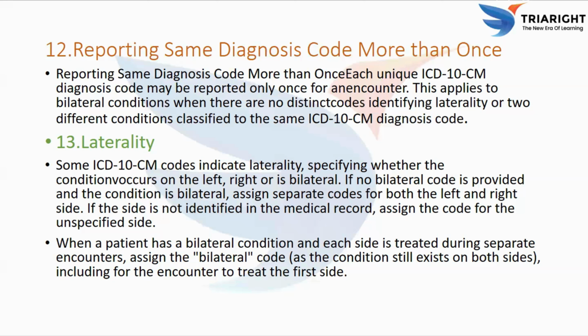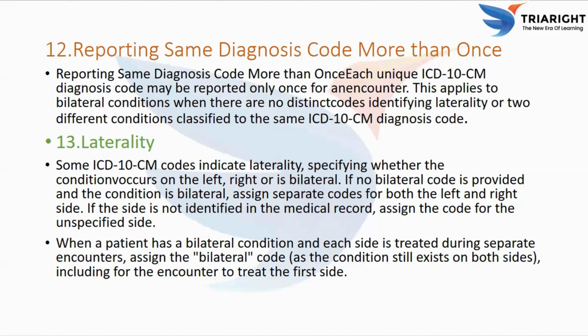For example, if cataract right eye is given in the record, you code for the right side. When it is given for the left eye, you code for the left side. When it is given for both eyes, you code the bilateral code, if one is available. If not, you give codes for both sides separately.